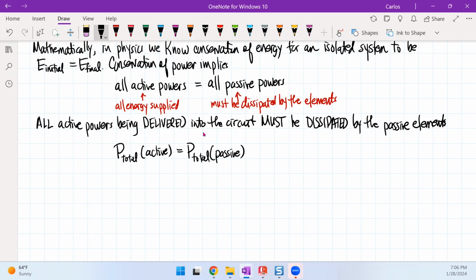In other words, the sum of all active powers must be the sum of all passive powers. This is what conservation of power means.